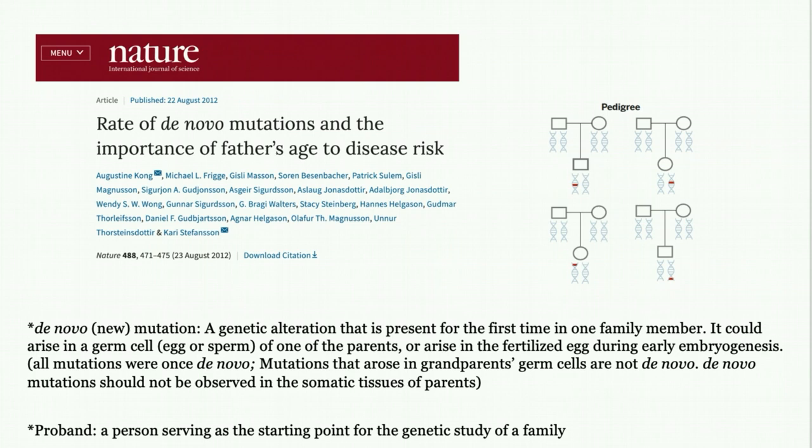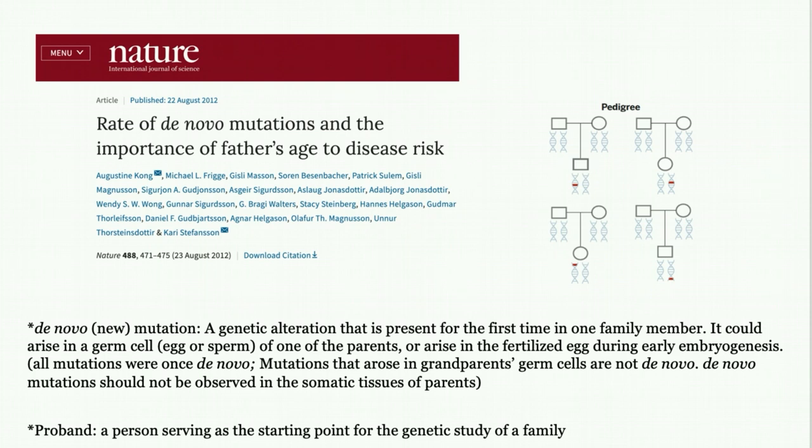After the egg was fertilized, in the early embryonic development, some mutation can happen. In the real study, they only look at mutations that are present in the child but not in the parent. That's how they define de novo mutation. There's a slight difference between germline mutation and de novo mutation, because de novo mutation also includes mutations that happen in the early stage of the embryo. But usually, people just equate germline mutation with de novo mutation.